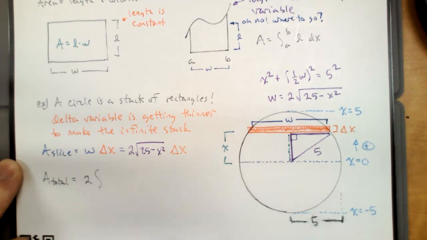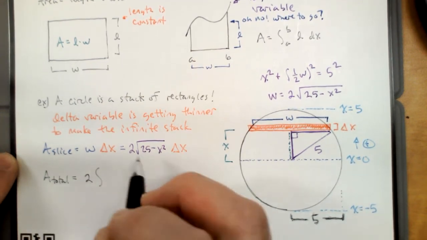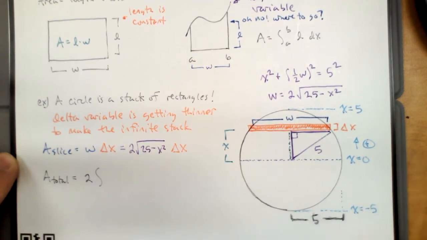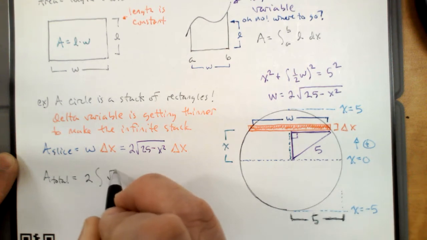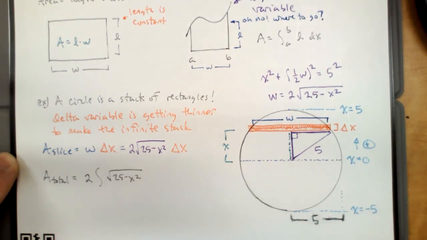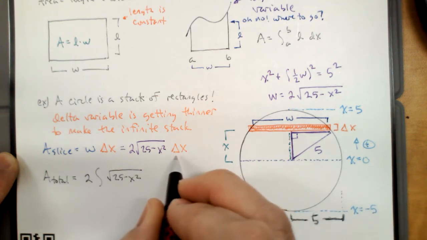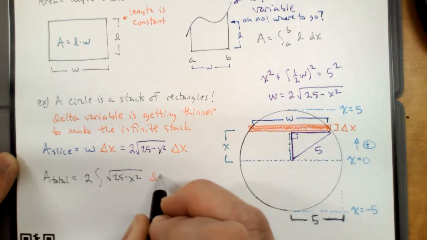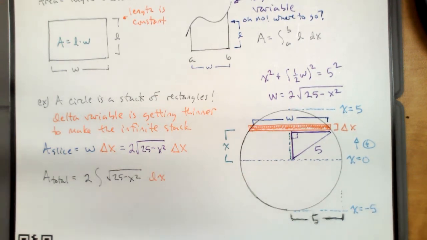I always like to pull my constant factors out, and I just integrate the function. The discrete delta x should become a continuous dx as the delta x gets infinitely thin to make our infinite stack of rectangles.